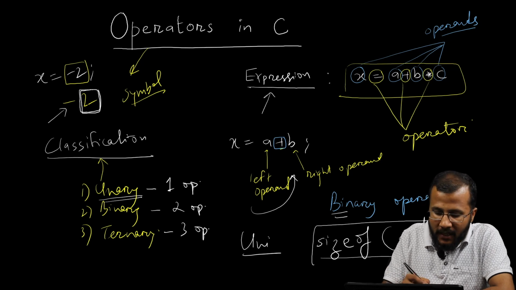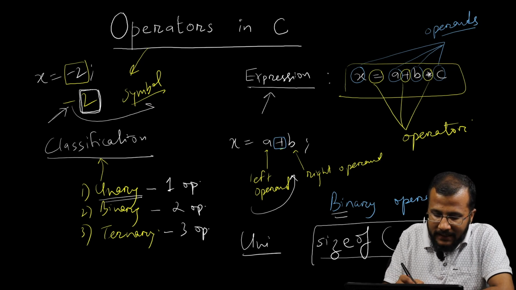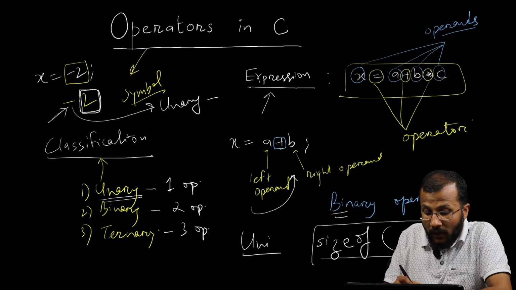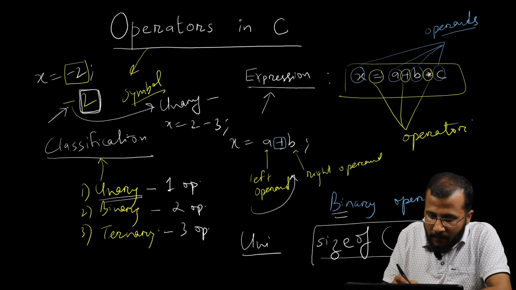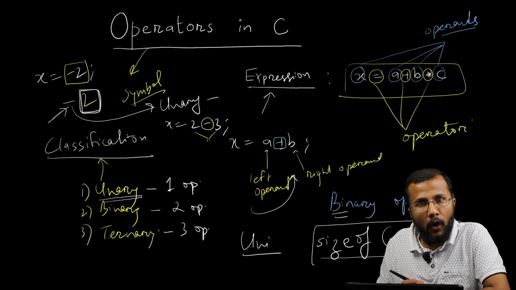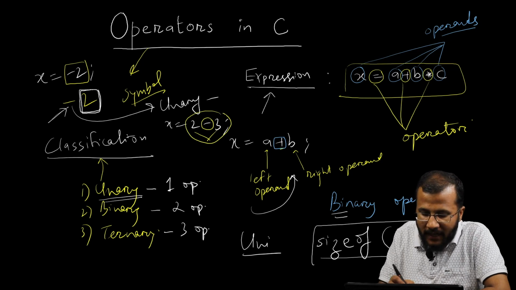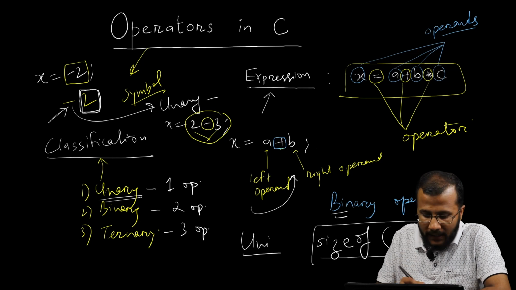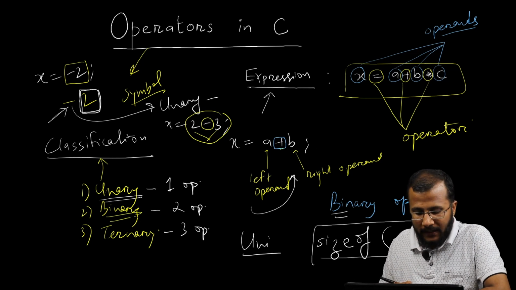This minus is treated as a unary minus. Whereas if I have an expression x equals 2 minus 3, here this minus is treated as a binary minus because it is working on two operands. It is actually subtracting 3 from 2. This is unary and binary operator.